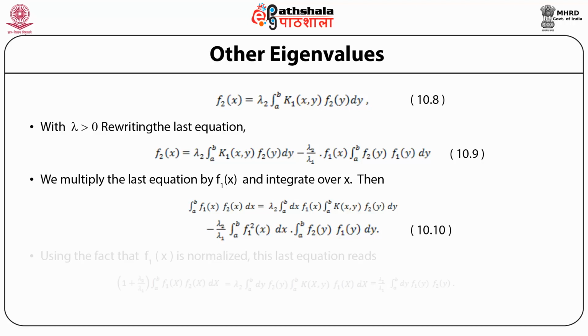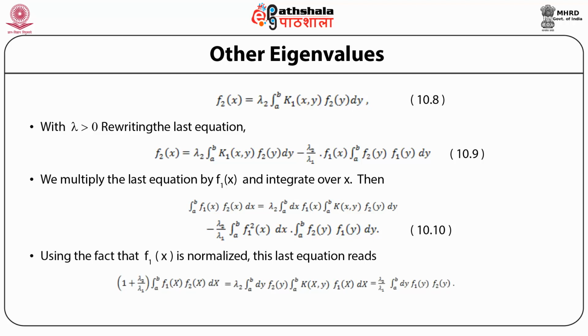Using the fact that f1(x) is normalized, this last equation now reads (1 + lambda 2 by lambda 1) multiplied by the integral from a to b of f1(x) f2(x) is equal to lambda 2 times the integral of f2(y) dy from a to b multiplied by the integral of the product of K and f1(x) dx from a to b, which in turn is equal to lambda 1 by lambda 2 integral from a to b of the product of functions f1 and f2, both functions of y, and the integral is done over dy.